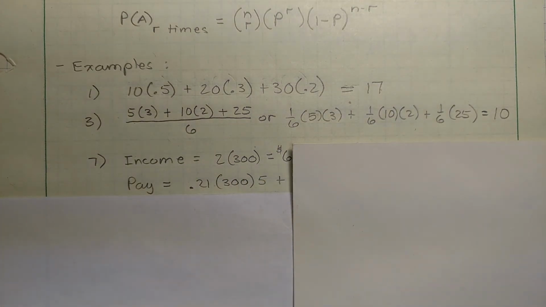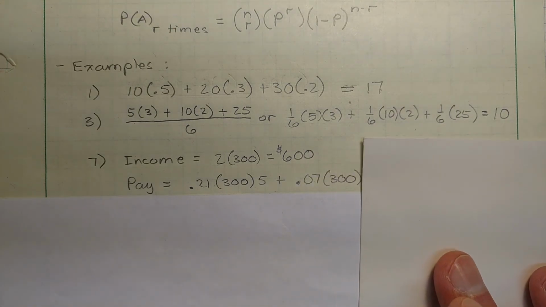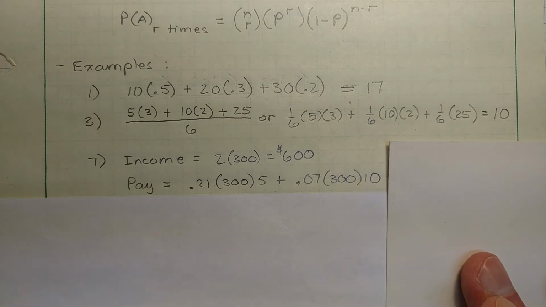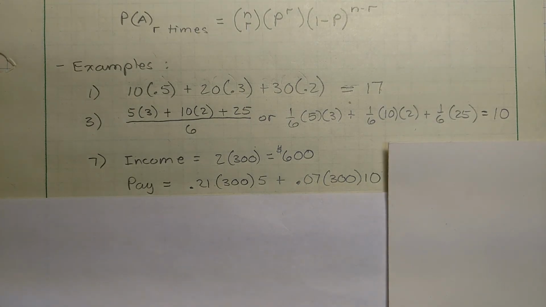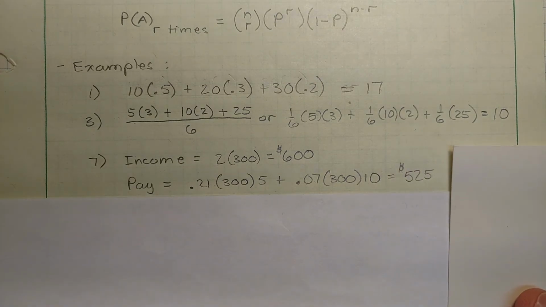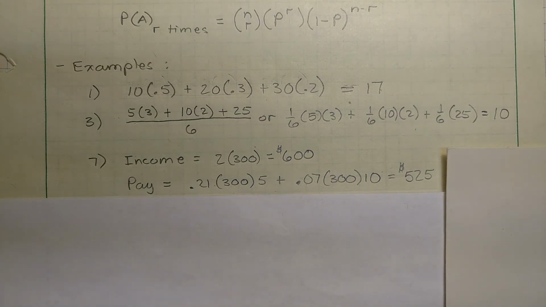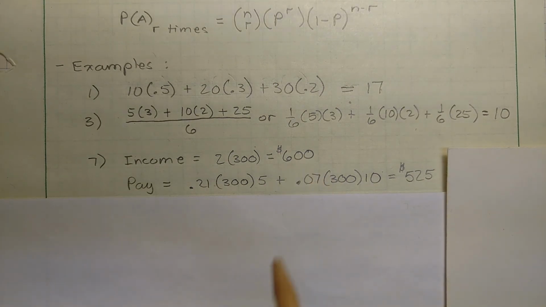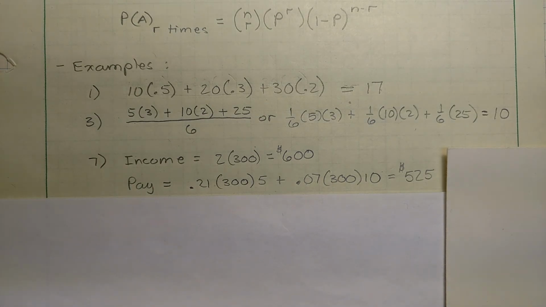Plus, 7% of those 300 people, they have to pay out a $10 prize. Calculating this, the expected amount they would have to pay out is $525. So notice they are making money. Their expected payout's $525. Their income is $600. So they're expecting to make $75 a day.